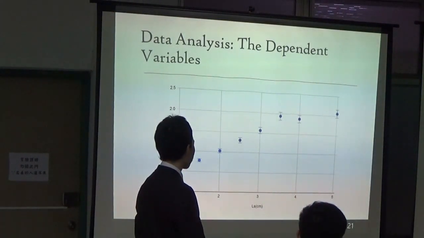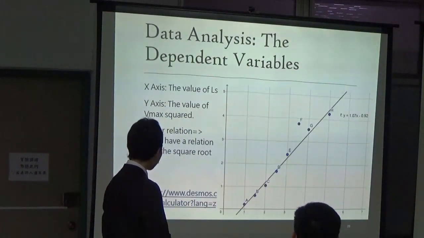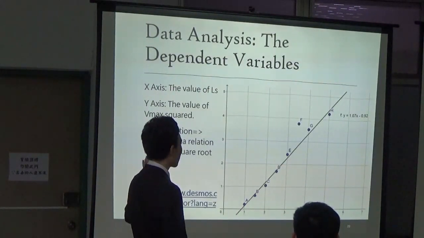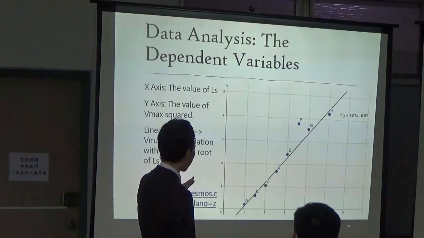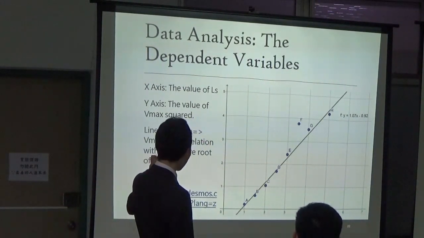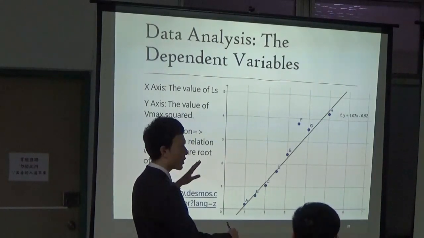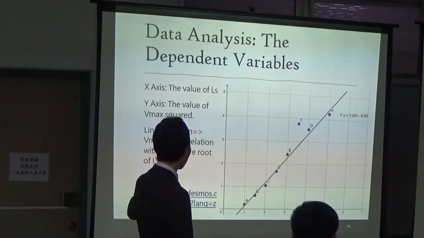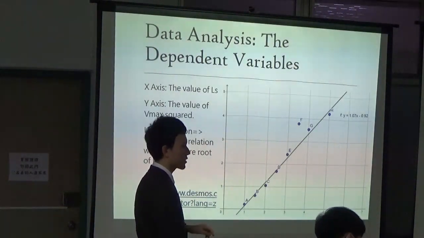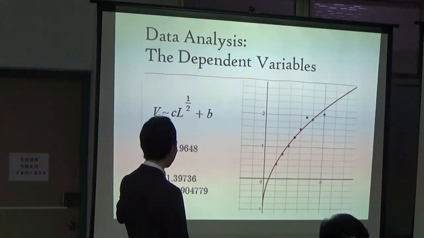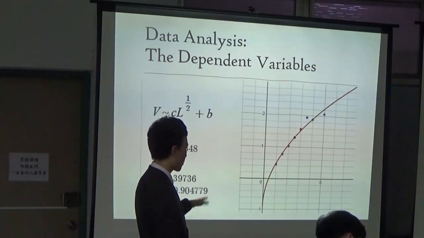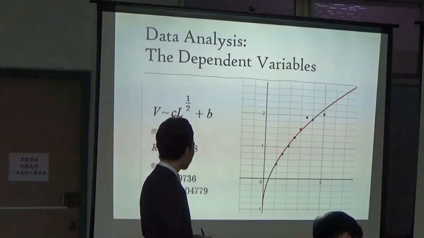According to our theoretical model, I square the value of the velocity, so when it matches linear like that equation, that means the fitting will be y equal to the square root of x. And this is another fitting of the original data, which also proves that our theoretical model is somehow correct.